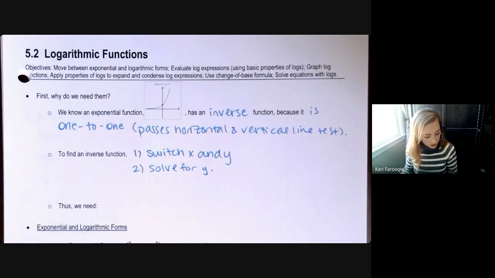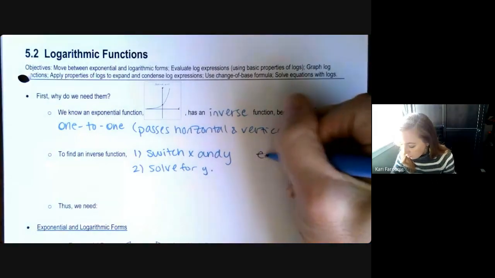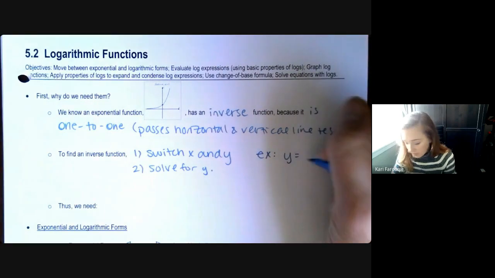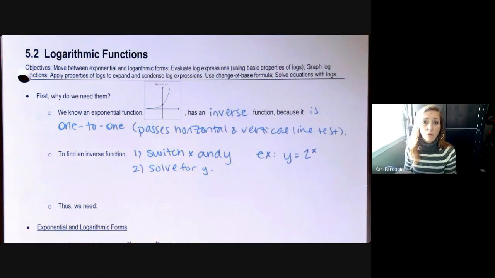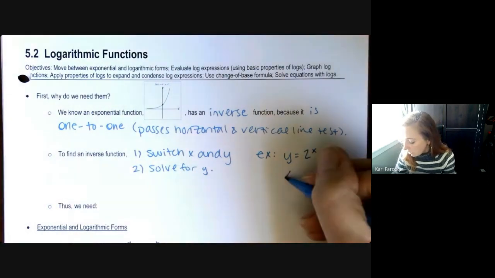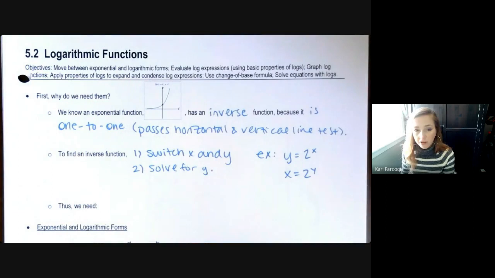But if you were looking at something like y equals 2 to the x, we talked about this function quite a bit in the last session. We were talking about exponential functions. If I was trying to find the inverse function for this, and I followed these rules, I would say, all right, let's switch x and y, got it, and solve for y.